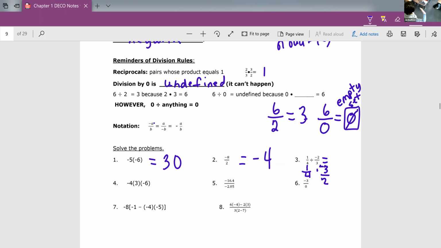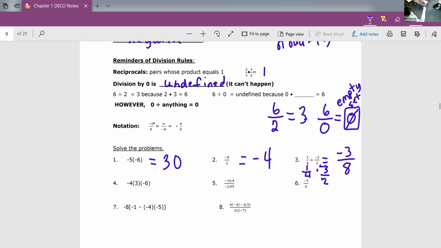I just need one negative sign somewhere, okay? And now, if I multiply, what do I end up with? Negative 3/8. I didn't have anything that would reduce down, so I just multiply straight across, and that would be my answer, negative 3/8.